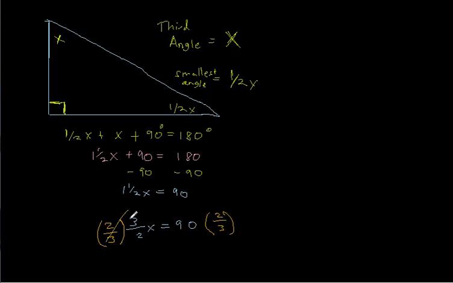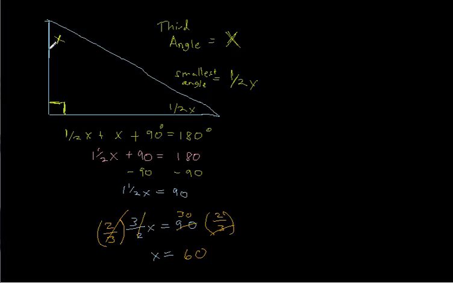These two guys are going to cross out, and I'm left with x on the left-hand side, and on the right, I have 30 now. 30 times 2 would be 60, so x equals 60.